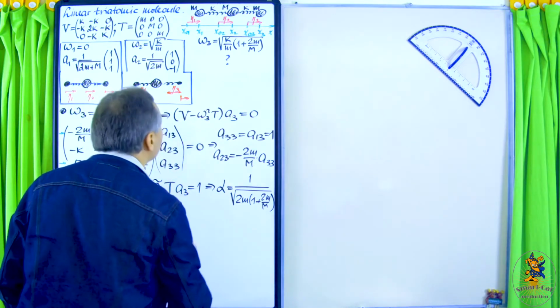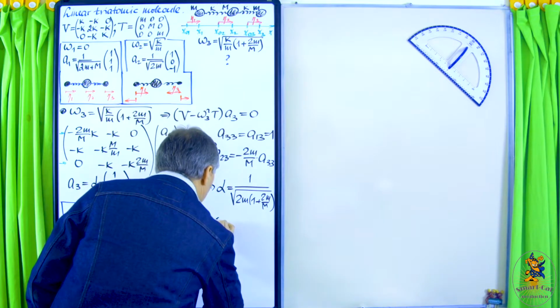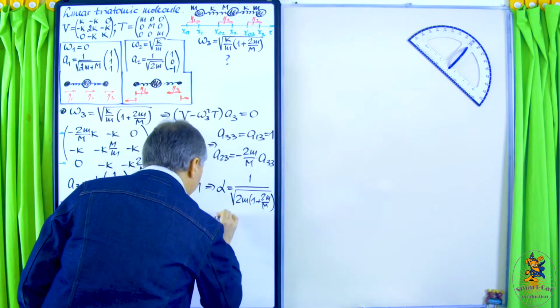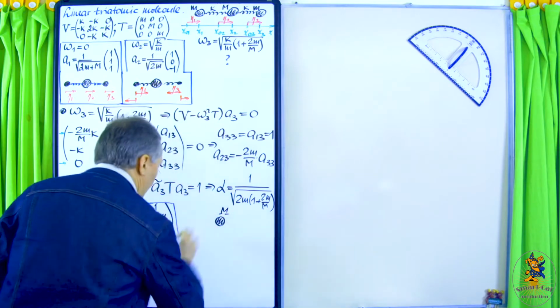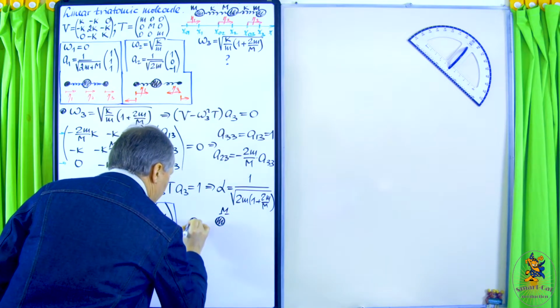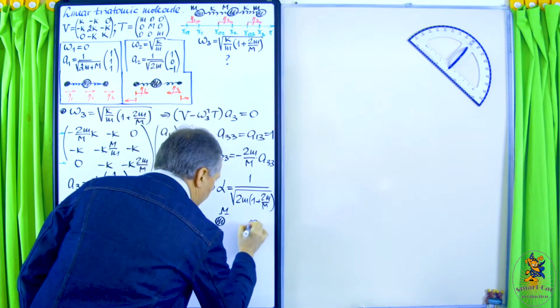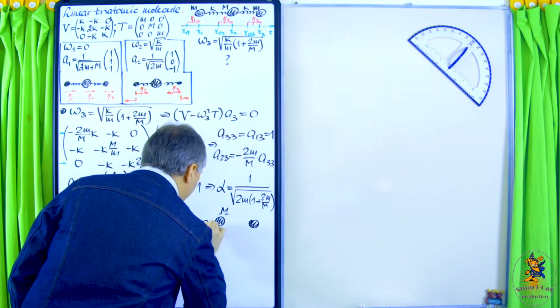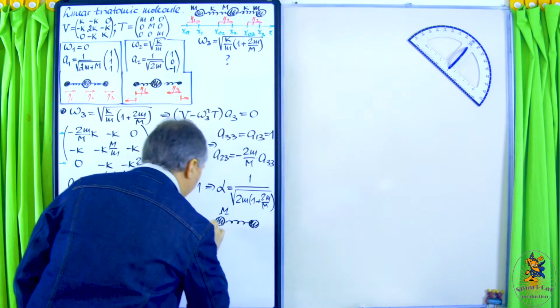Okay, so let me draw something about that. So the bigger mass, then this, then the spring.